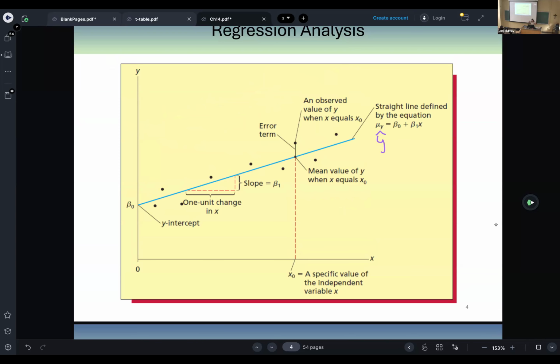So it takes all the data into consideration, and it finds the minimum distance for each of these vertical distances from the data to the line. It minimizes the sum of all those vertical distances, and we call them Y minus Y hat. And each Y minus Y hat is a residual.